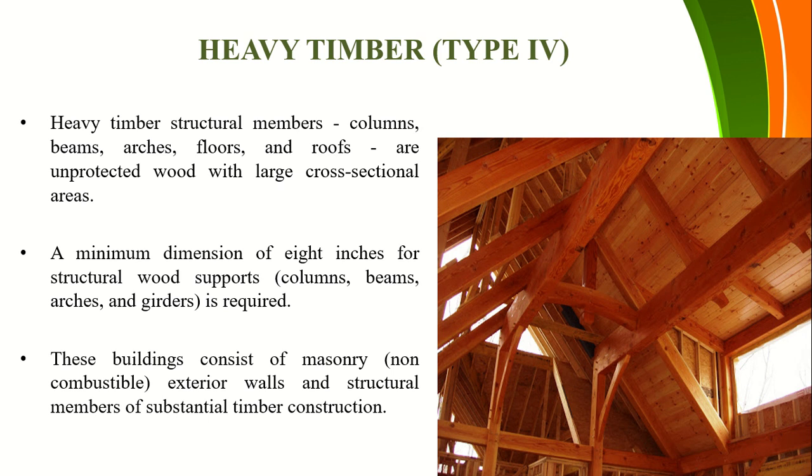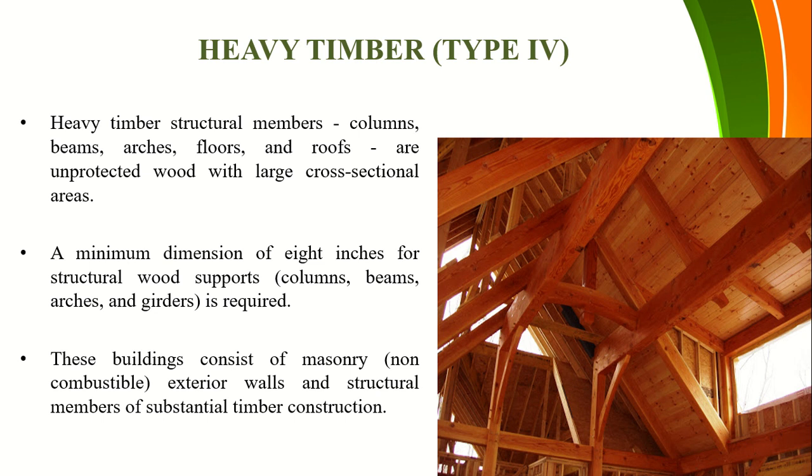Next is type 4. Type 4 is exclusively heavy timber type structure. What is this? Heavy timber structural members, in the sense columns, beams, arches, floors, roofs, are unprotected wood. They are completely made up of wood with very large cross-sectional area. A minimum dimension of 8 inches for structural wood is required.